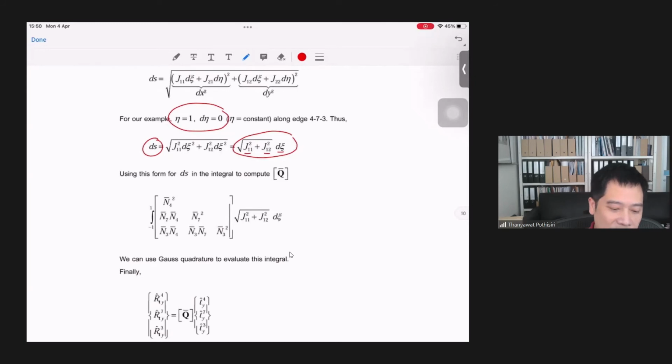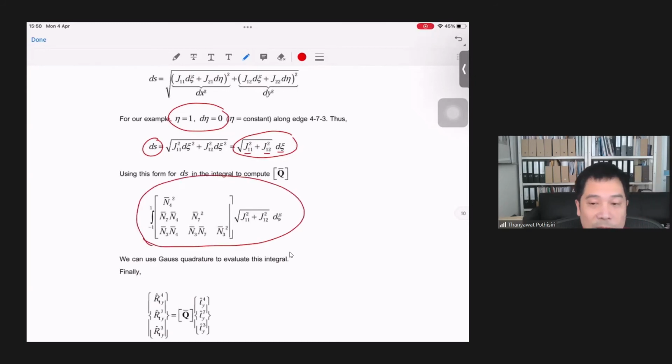So you can evaluate this integral right here to obtain the work equivalent traction acting in y direction.